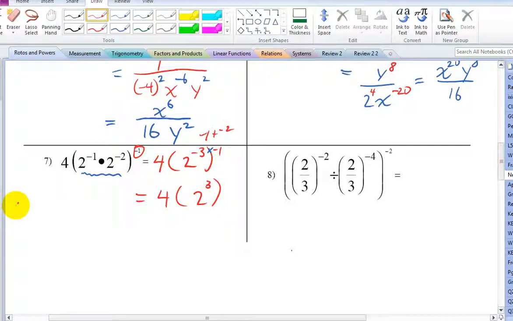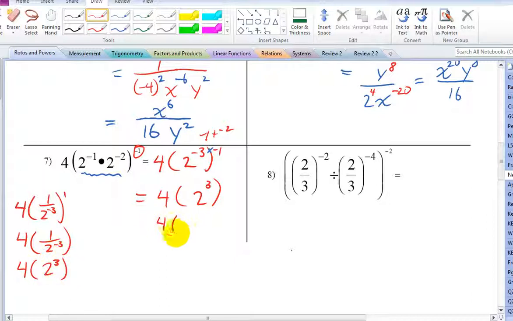Now, if you didn't, you would have got 4 exponent 1 over 2 to the -3, and then 4 exponent 2 to the positive 3. Okay. So then I'm going to get 4 times 8, answer 32.